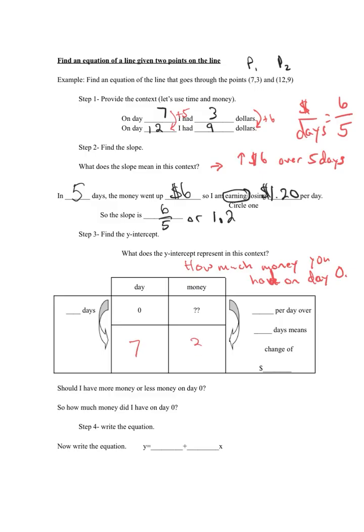Day 7, you had $3, and that means you went up $1.20 per day over 7 days, right? 0 to 7. So that would be a total change of, remember, we can just multiply that, 1.2 times 7. And that's a total change of 8.4.